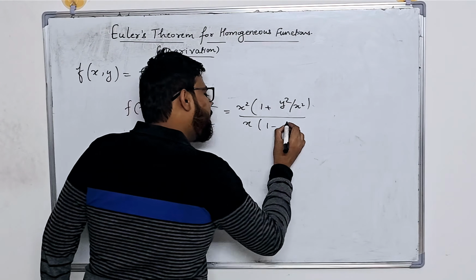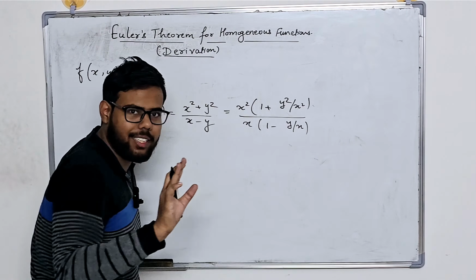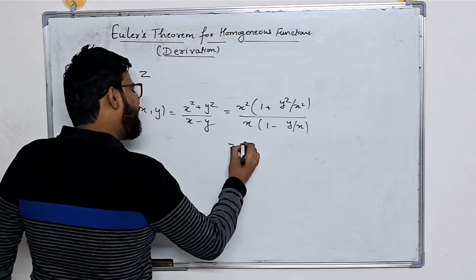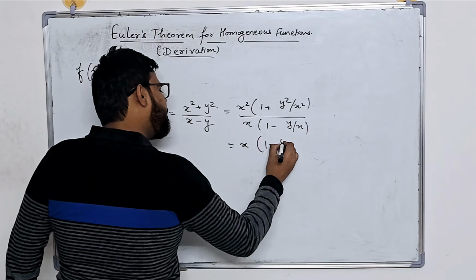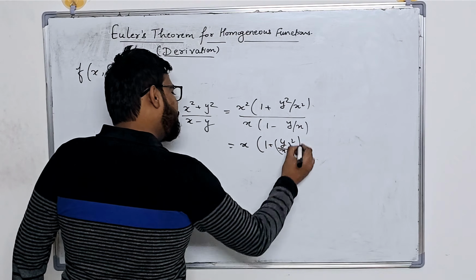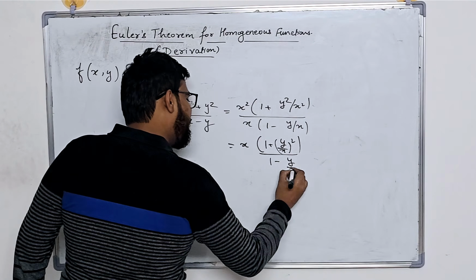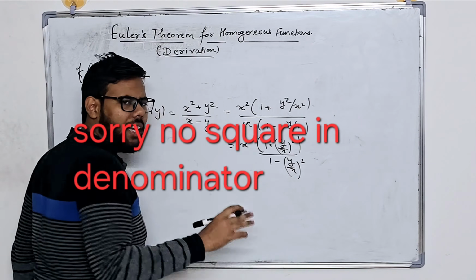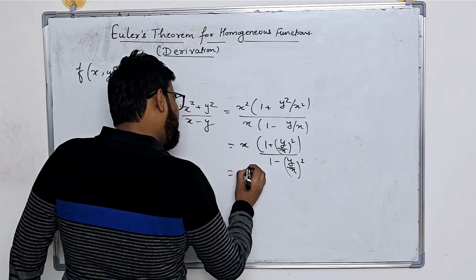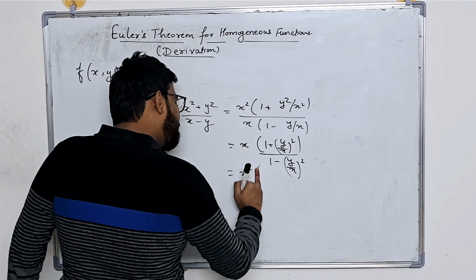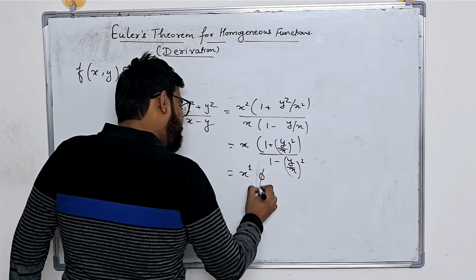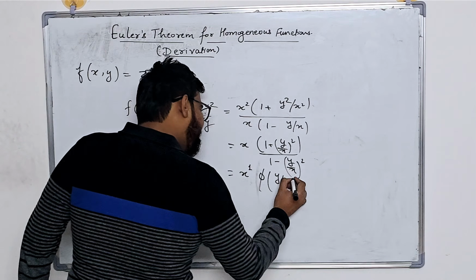What do you get? 1 minus y by x, right? And you get x into (1 plus y by x whole square) over (1 minus y by x). And what you get is x to the power 1 into some function phi of y by x, right?